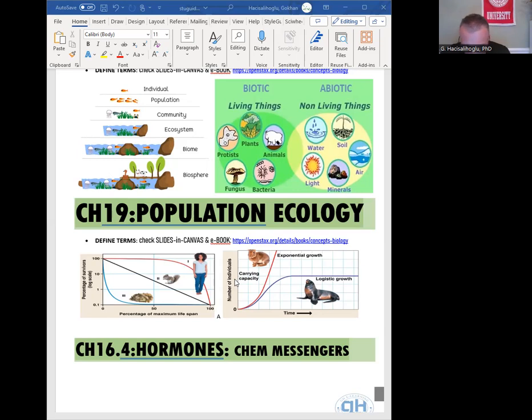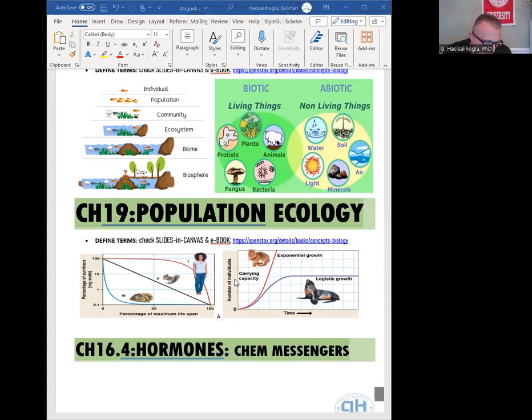And then there is something about biological diversity in population ecology. There is genetic diversity, species diversity, and predator and prey topics under this.